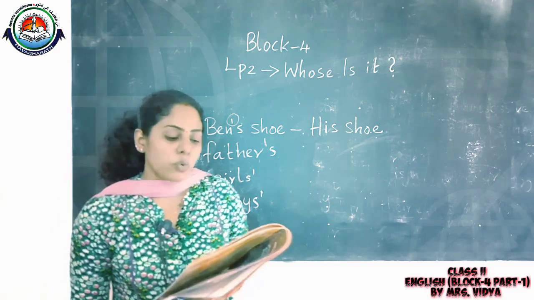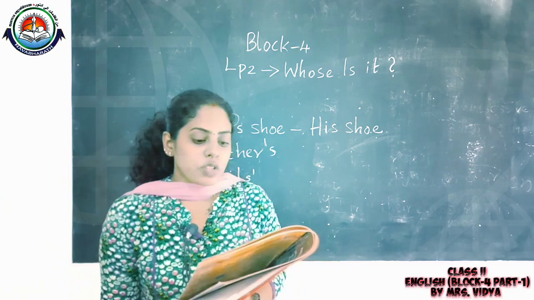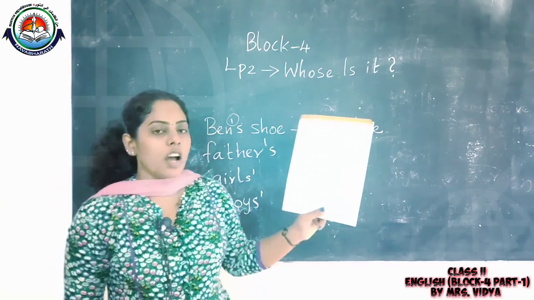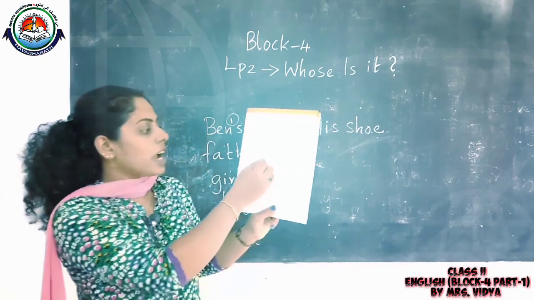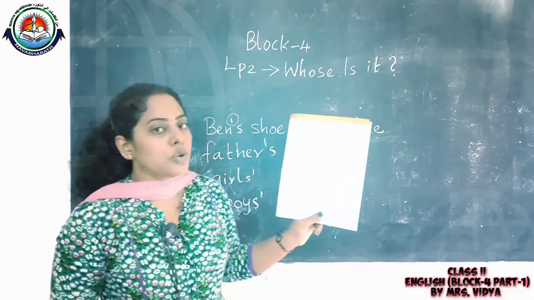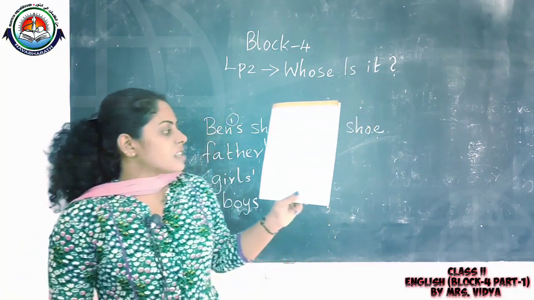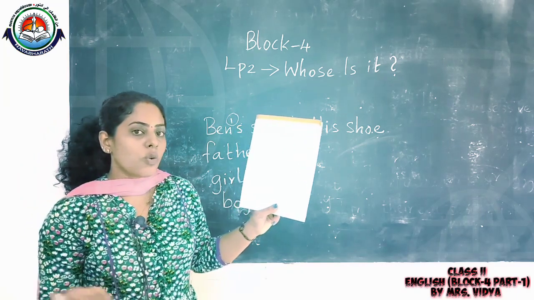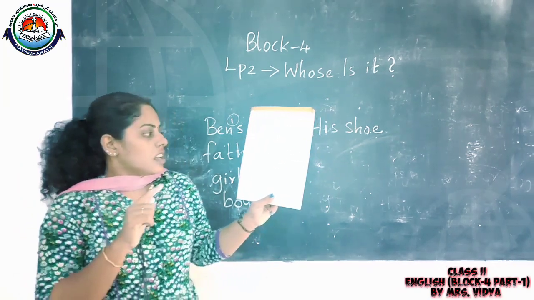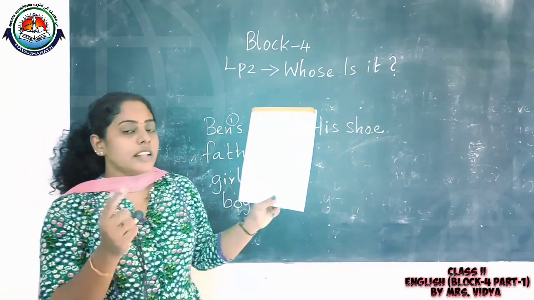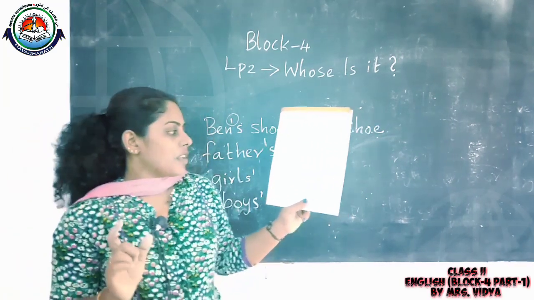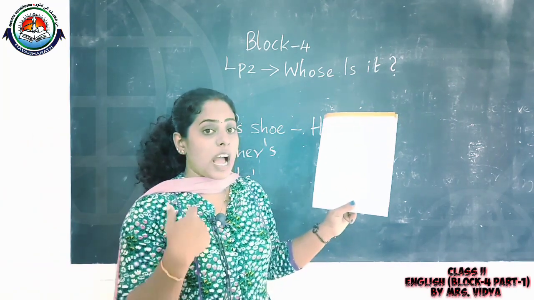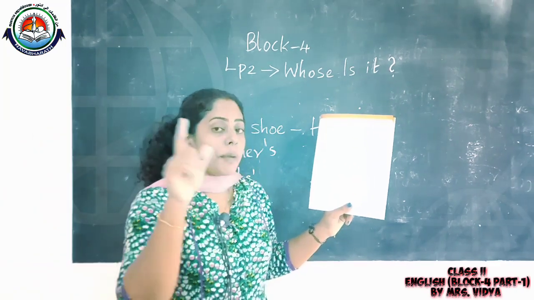Okay. Second question, rewrite the sentences using the words from the box. I am going to Ravi's house. So instead of Ravi, we have to write I am going to his house. This is my family's garden. So what do we have to write? This is our garden. I have Parul and Pranav's book.